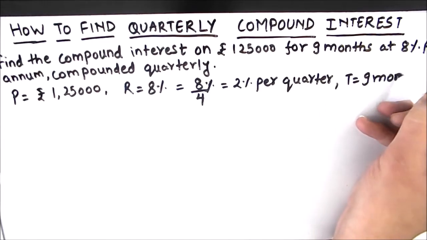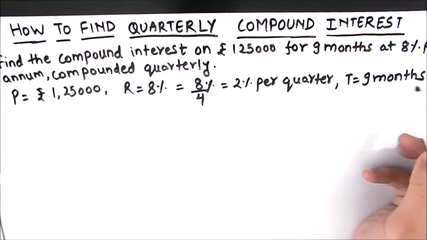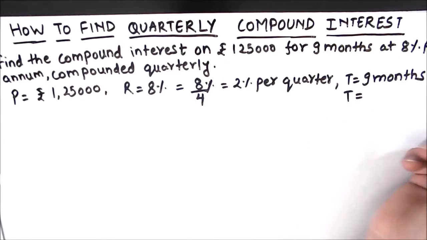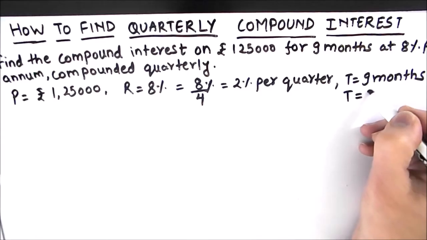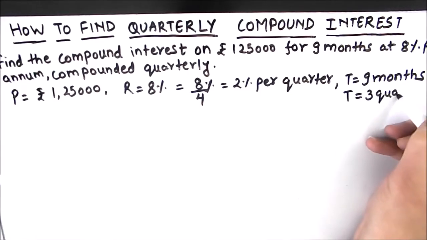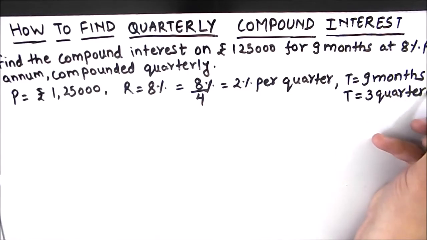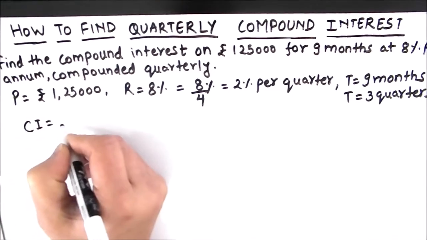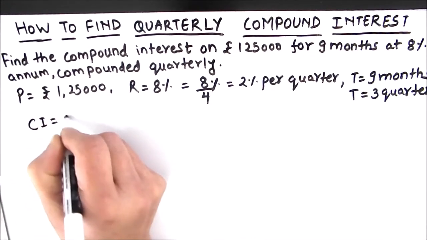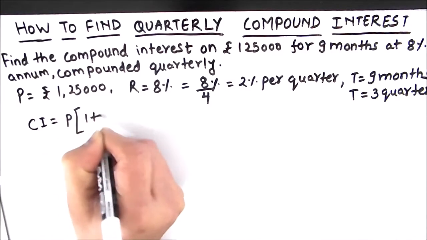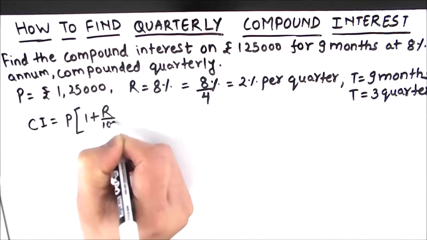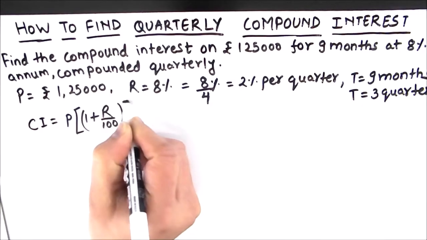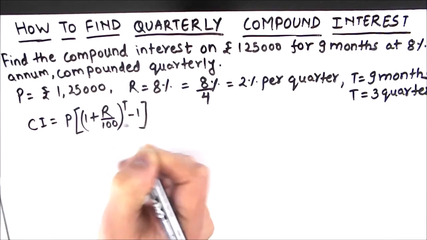Now this time period is less than a year. So we can calculate this by finding out how many quarters are there in 9 months. So there are 3 quarters in 9 months. So time will be equal to 3. So let's substitute the values in the formula. Compound interest is equal to P times (1 + R/100) raised to power T, minus 1.